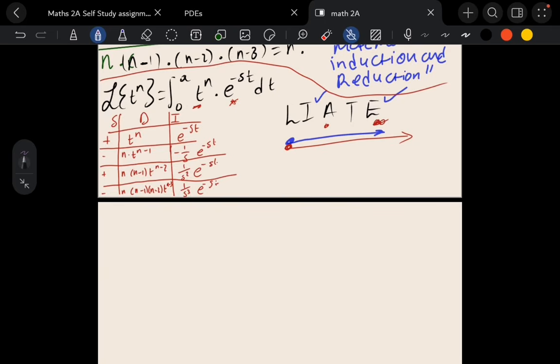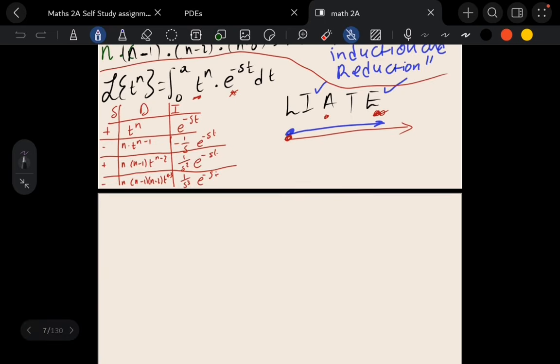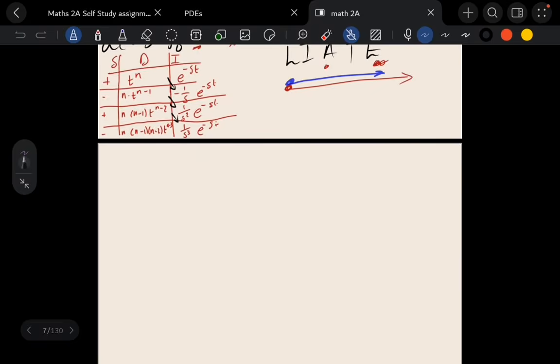Right, so what is the idea then? Because we will continue doing the same thing, I'm just going to substitute it.